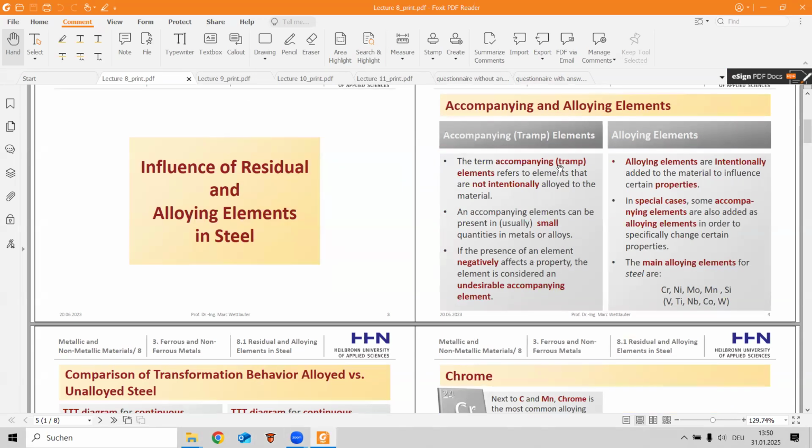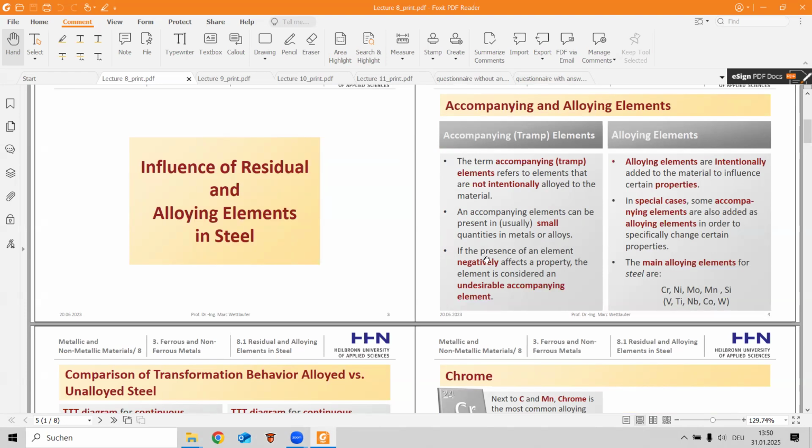The term accompanying components refers to the elements that are not intentionally alloyed to the material. An accompanying element can be present, usually in small quantities, in metal.